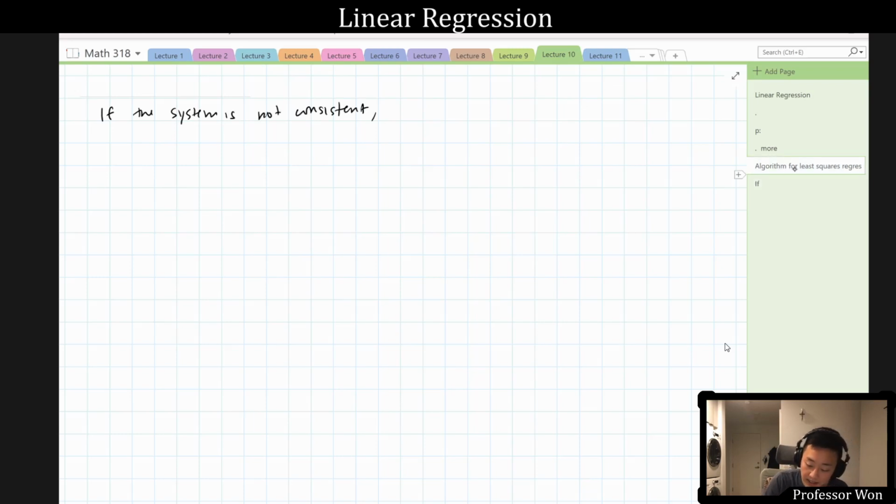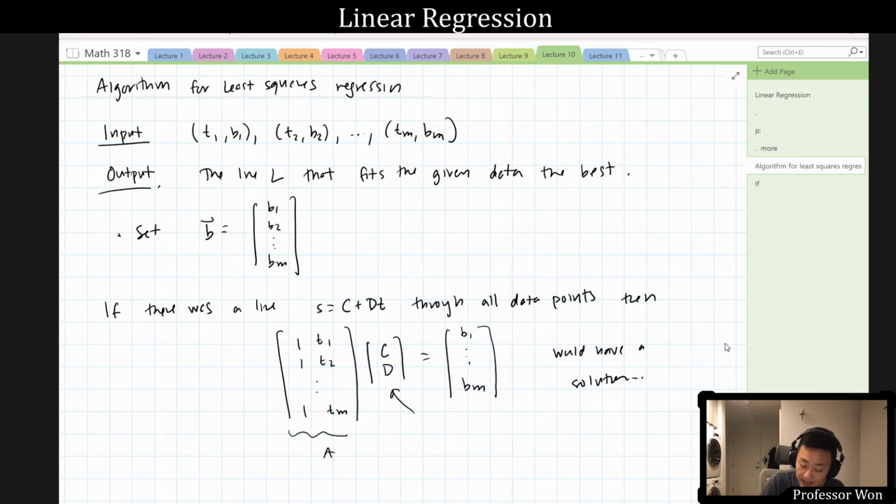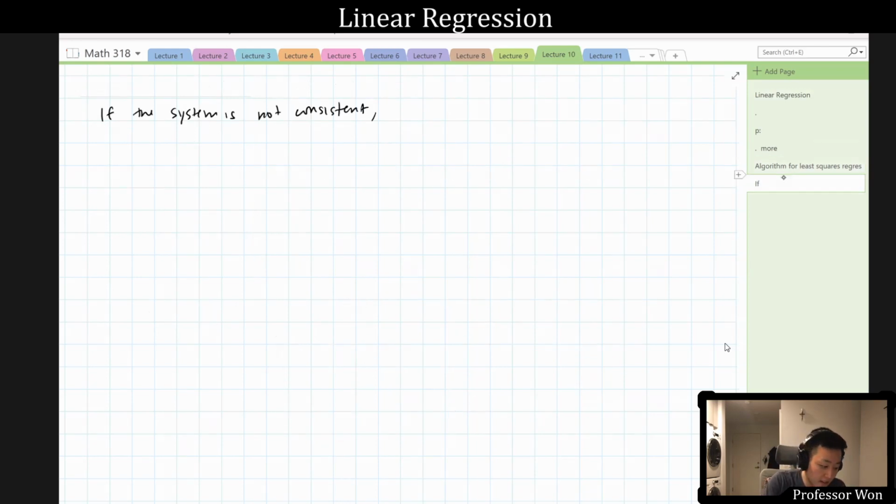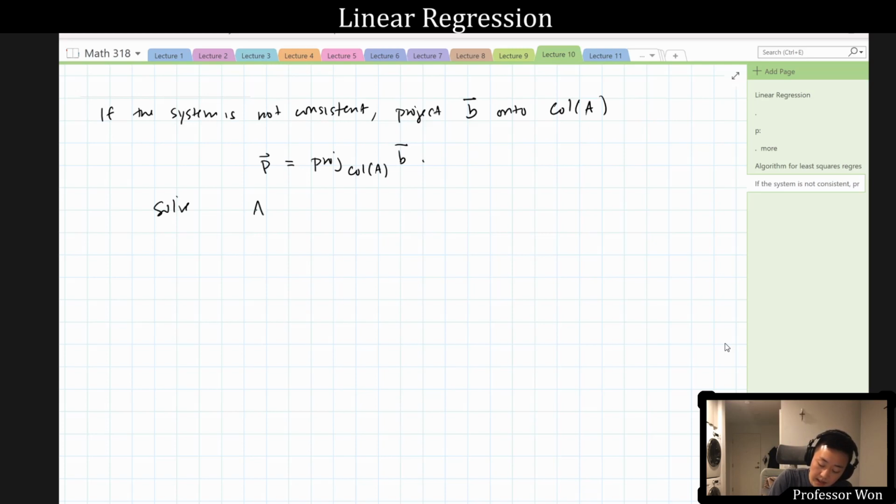sorry, let me give these things a name. This thing is called A, this thing is called B. Then project B onto the column space of A to get P, the projection like this. Then solve Ax equals P instead.